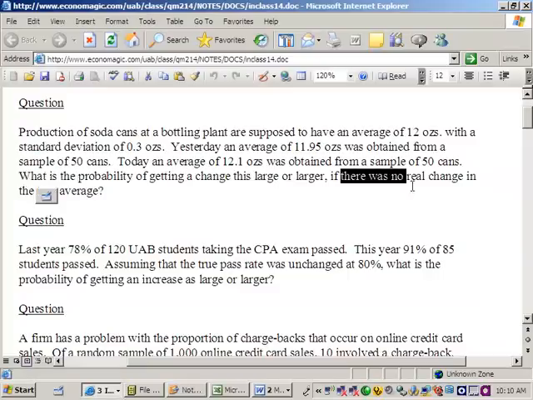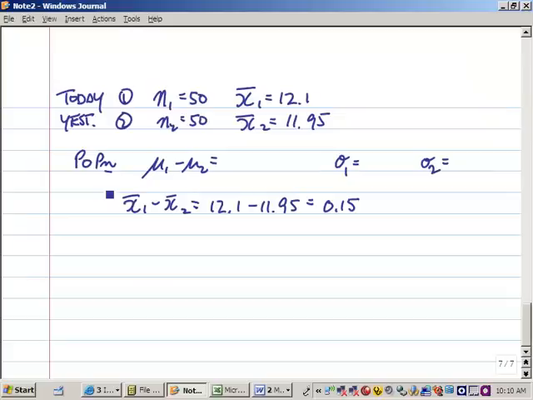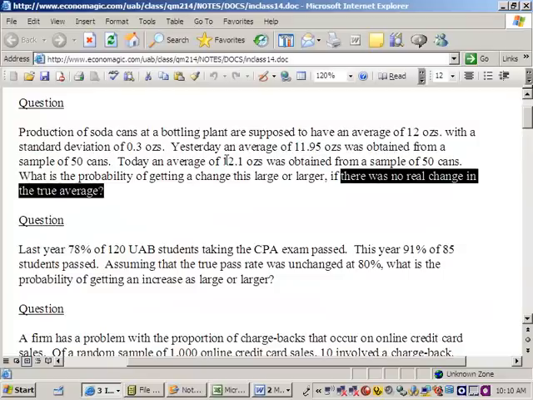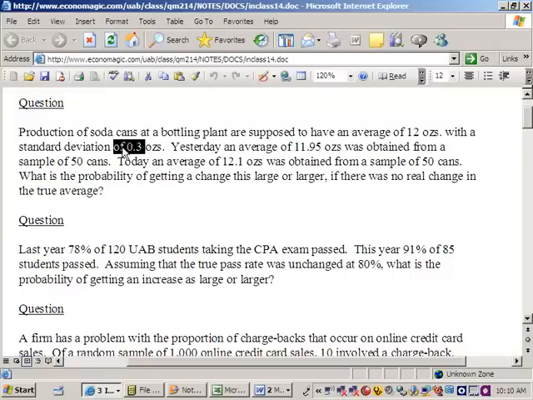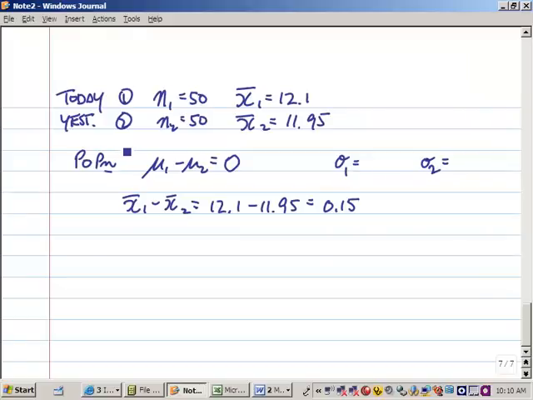If there is no real change in the average, so it's just like the previous problem, no true change in the true averages, so that mu1, today's average minus yesterday's average, is 0. And where do we get our standard deviations from? We're not told that the true standard deviations are anything other than what they're supposed to be. So we will say that the true standard deviations are 0.3 for both today and yesterday.